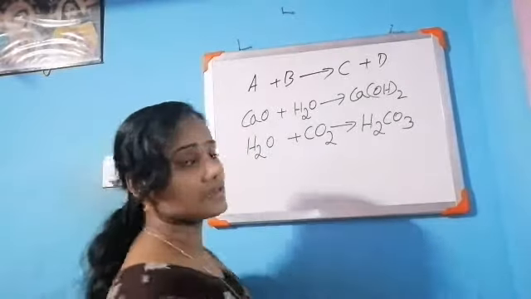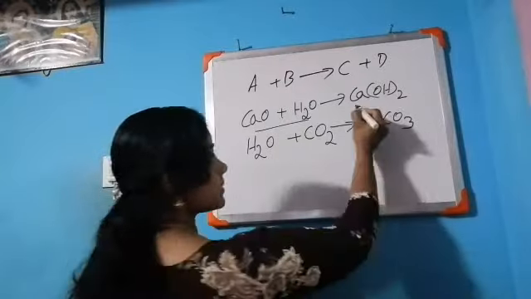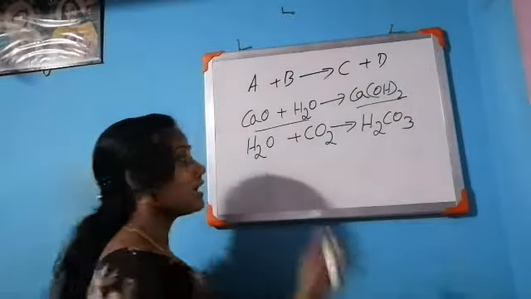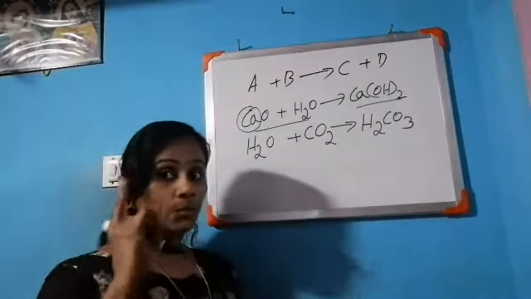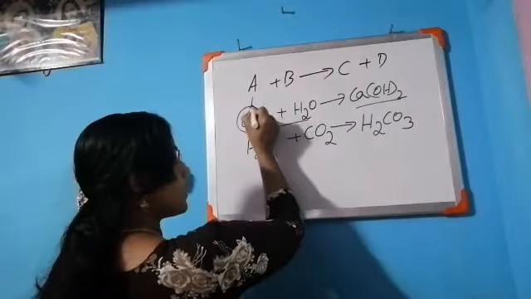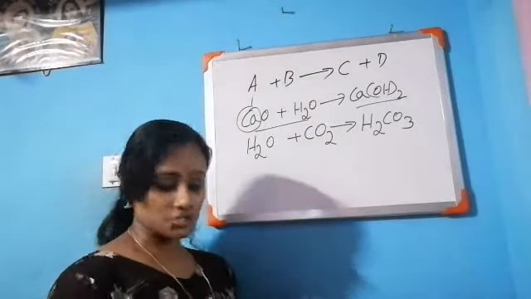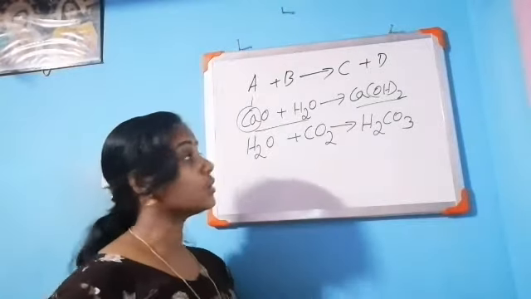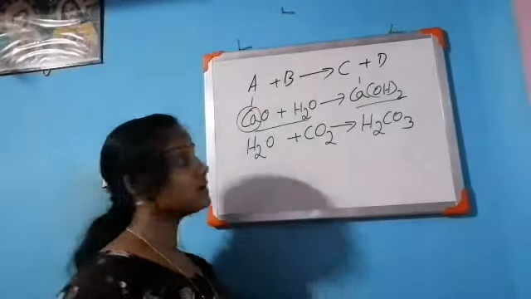Please listen here. This is the reactant side. This is the product side. In the reactant side, how many calcium are there? One calcium. In the product side, how many calcium are there? That also is 1.